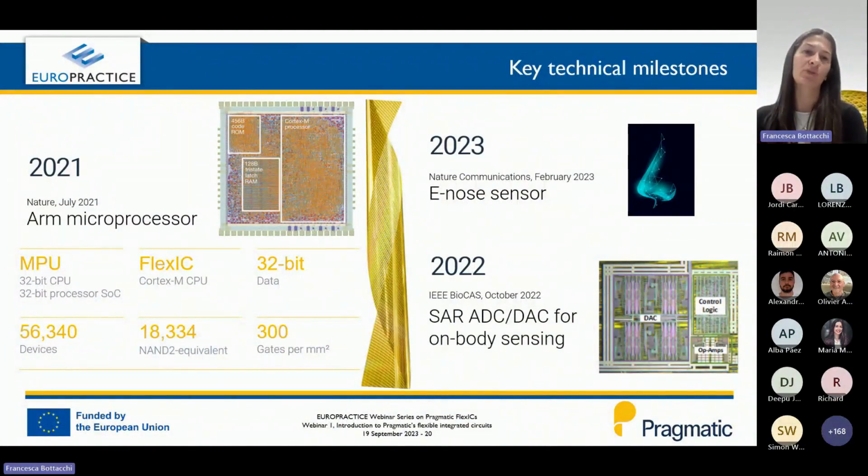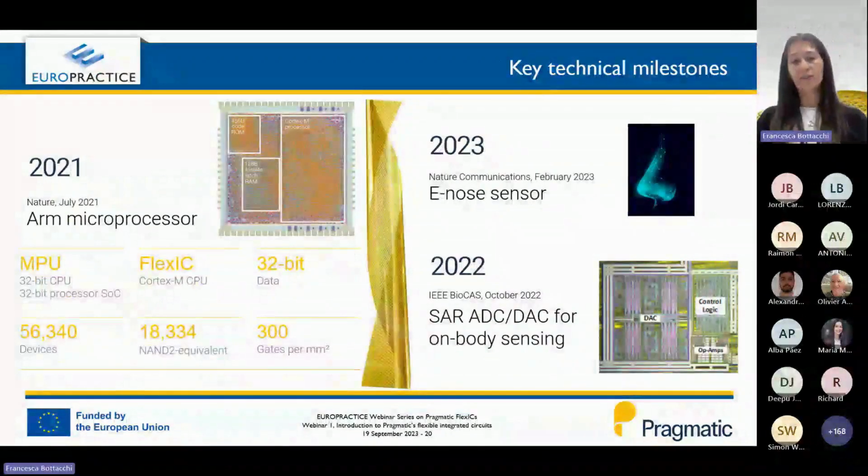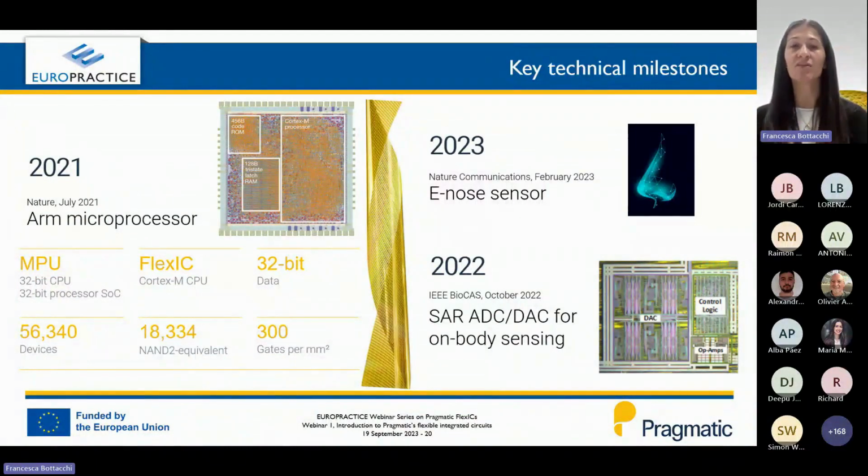And in this case, we reproduced a Cortex-M CPU with 32 bits of data and 56,000 devices. And this was done on a 0.8 micron channel. So, even with a very low tech, you can still achieve really high performing circuits.